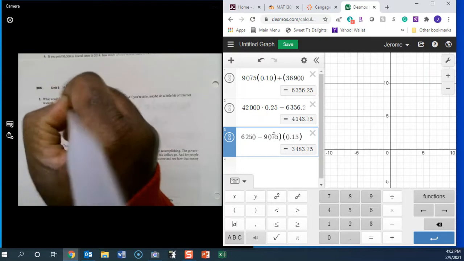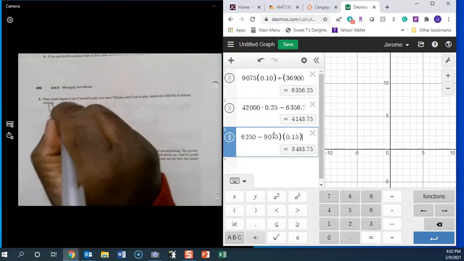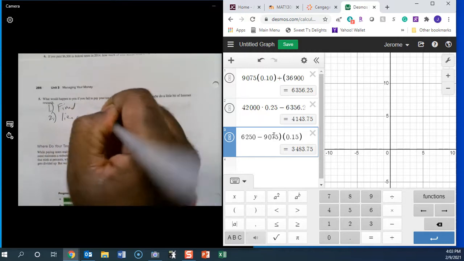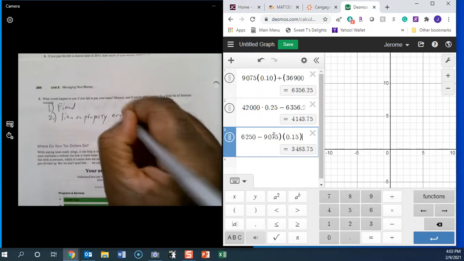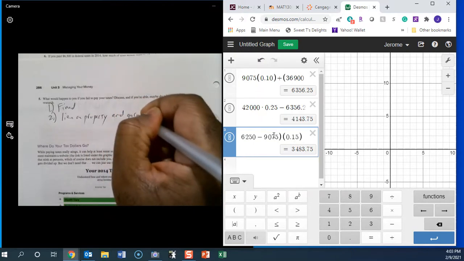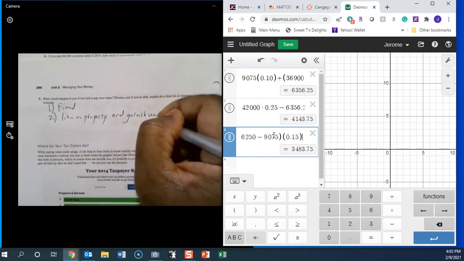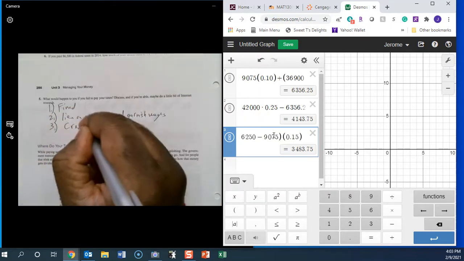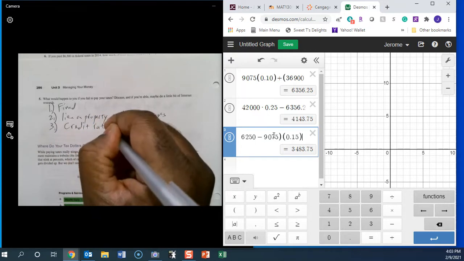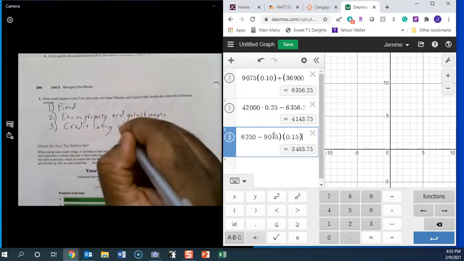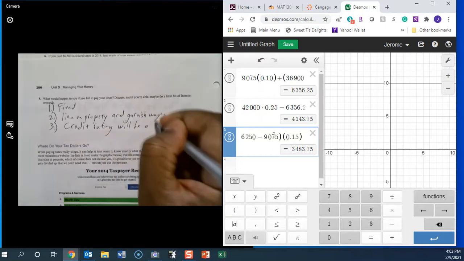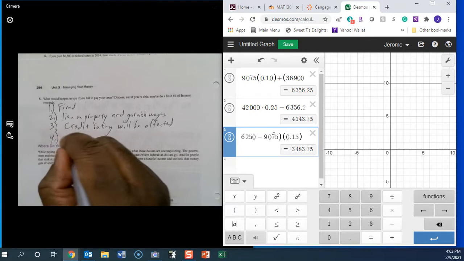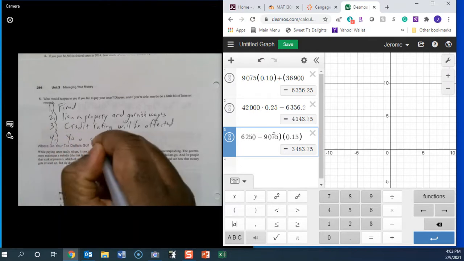You could be fined, you could have a lien on your property, garnished wages, your credit rating will be affected. And then finally, number 4, you can go to jail.